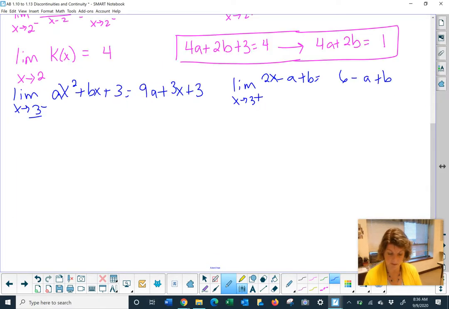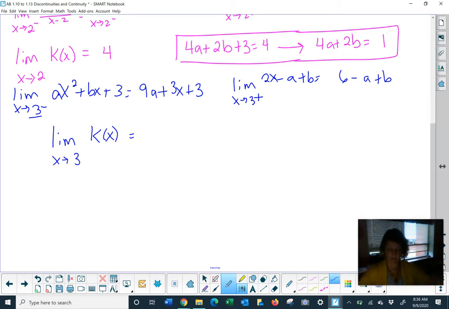For the limit to exist at 3 for k of x, I need the left side and the right side to be equal. This one isn't quite as easy to write because we don't have a number like last time. So we've got this part and this part.